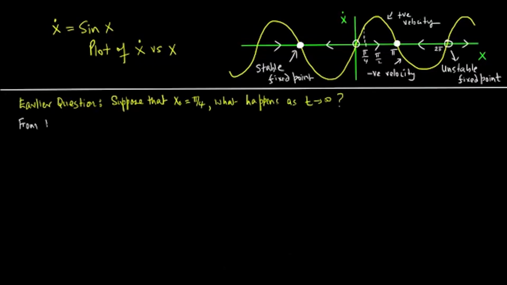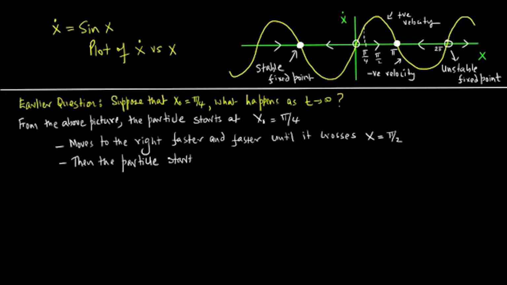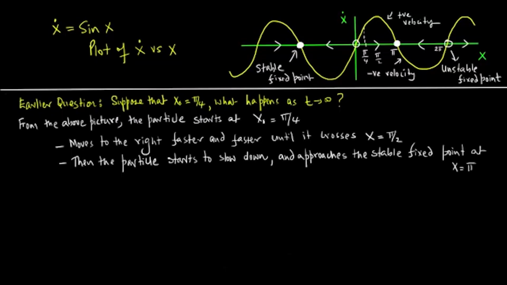Now from the above picture, the particle starts at x naught is equal to pi on 4 and then moves to the right faster and faster until it crosses x is equal to pi on 2. Then the particle slowly starts to slow down and approaches the stable fixed point at x is equal to pi.